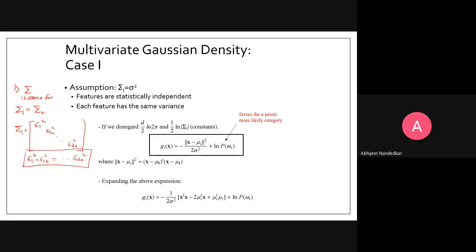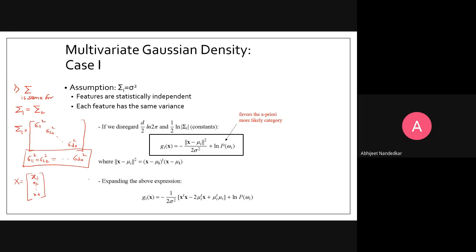What this indicates is that there is no relation between two variables. Say x is my feature vector, then x1, x2 up to xd are the extracted features for the given, say, letter or number.